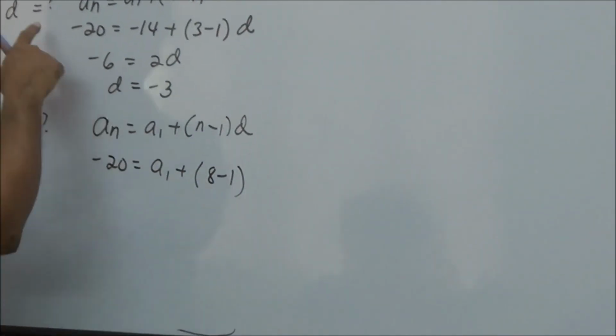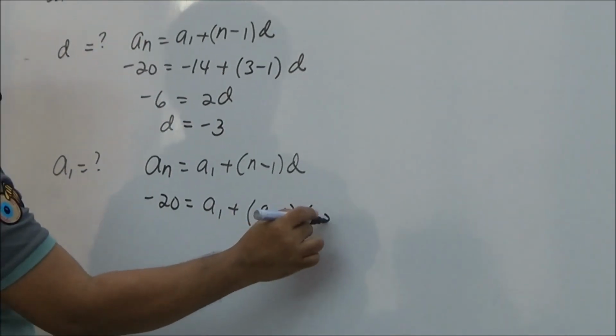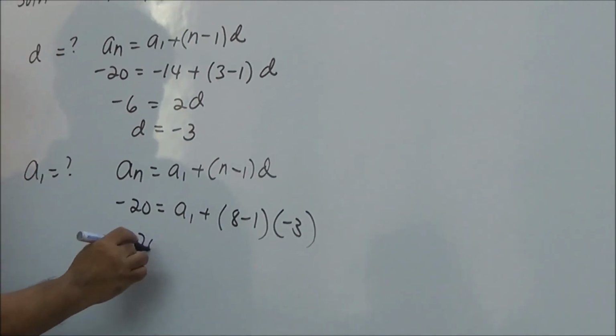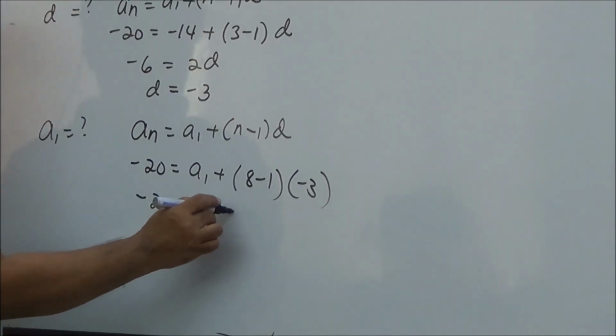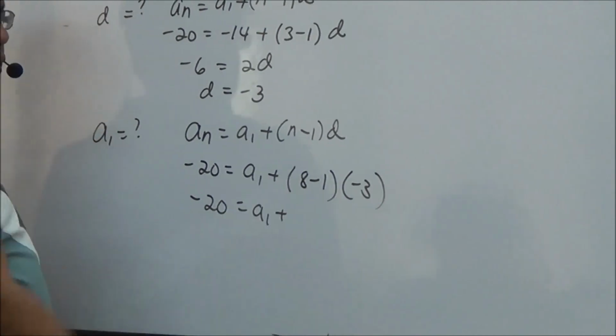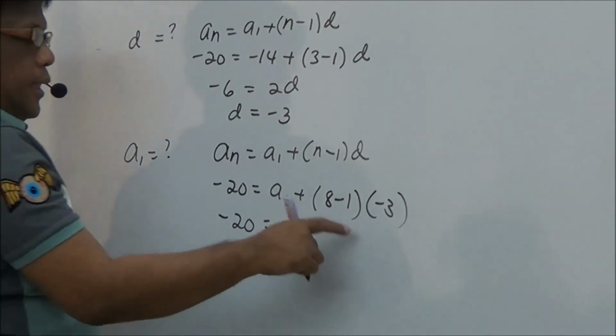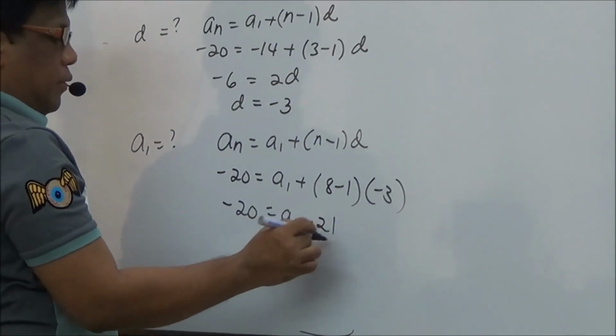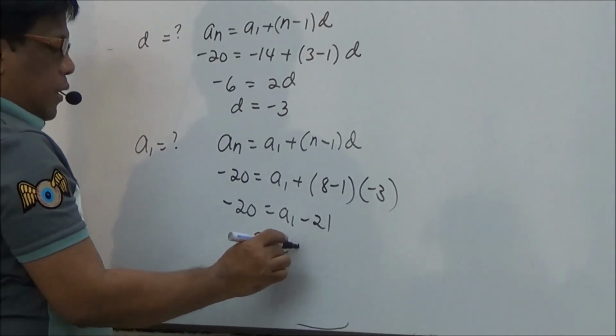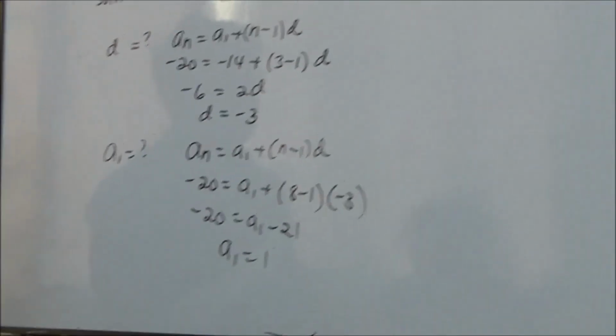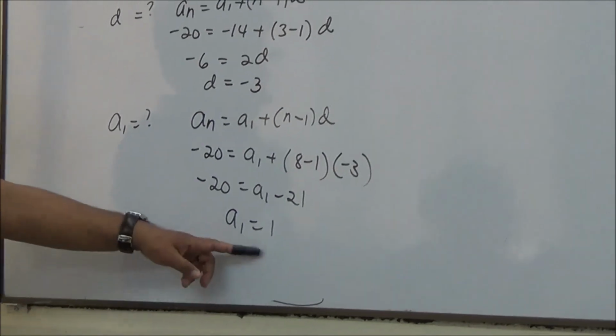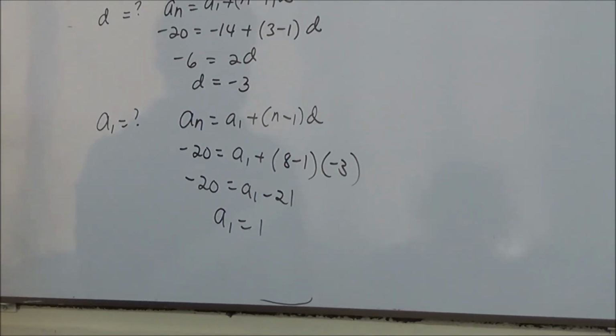Then what about the common difference? It's negative 3. So negative 20 equals A1 plus 8 minus 1, which is 7, times negative 3, we have plus negative 21. So therefore A1 equals 1.